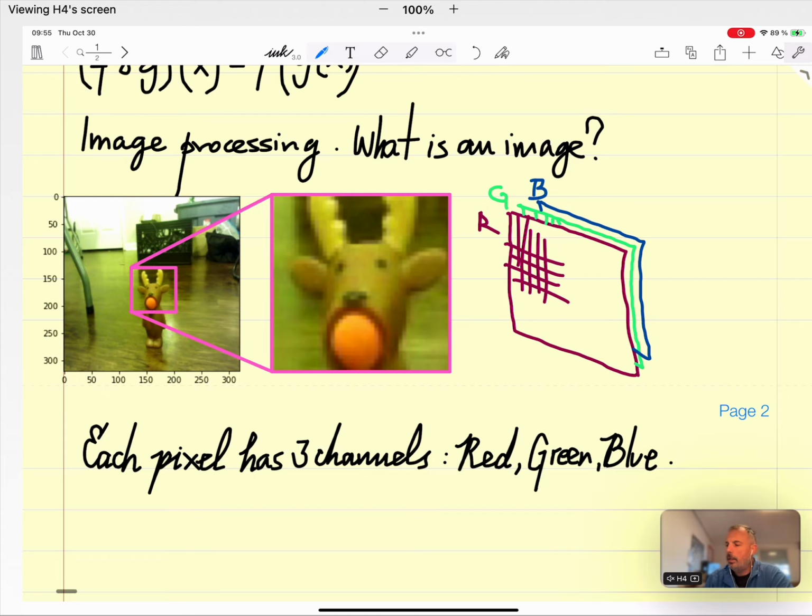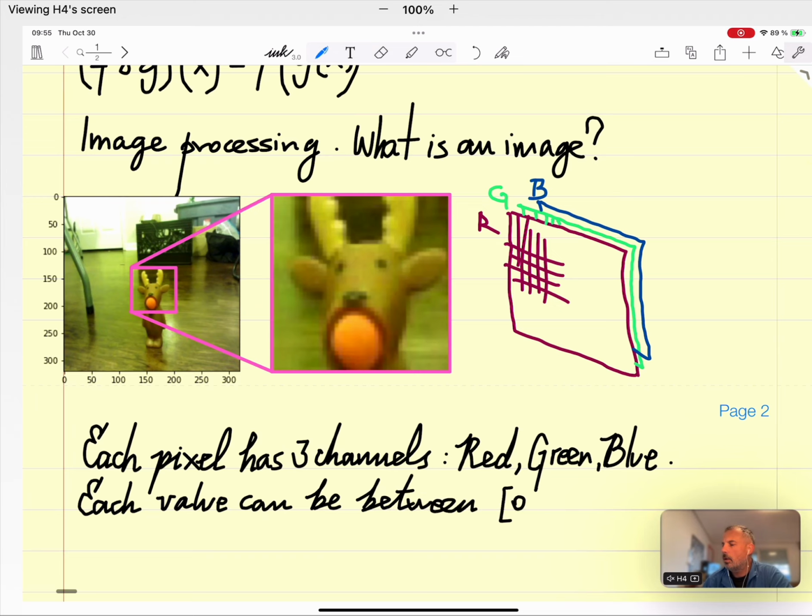Each channel, each value can be between 0 and 255.